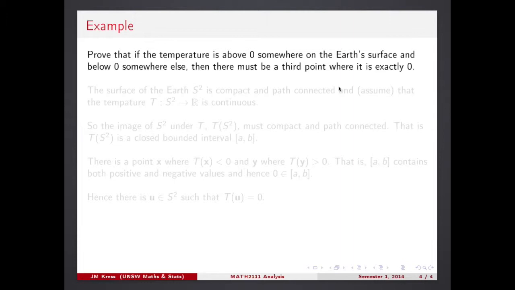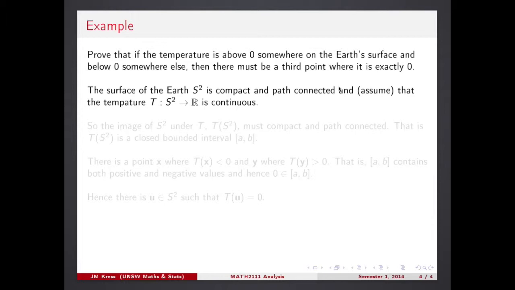Continuity, well, I guess we assume that temperature across the surface of the Earth is distributed continuously. It's a natural assumption we make about the universe. Earth surface, sphere S2, is path connected. And it is compact because it's bounded and closed.